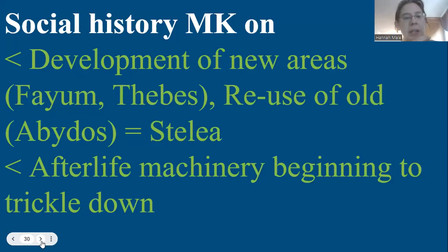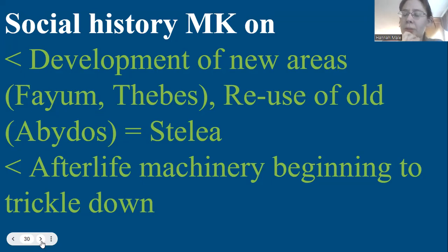So when you get to the Middle Kingdom, you have the monarchs both develop new areas. So they open up the Fayum region that's in Middle Egypt for irrigation, so they can feed more people. But also there are burials and funerary things that happen in the Fayum as well, and that leads to more material culture remains that Egyptologists can find.